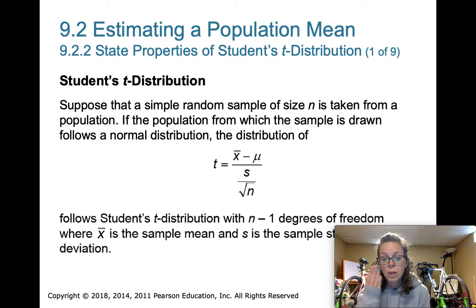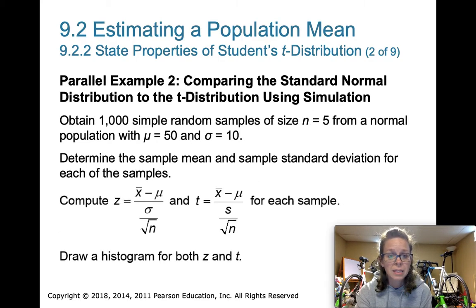Really what it boils down to is that t is a more realistic, more useful measurement, because in almost every situation, you are not going to know sigma, the population standard deviation. We just won't have that information. So what the t allows us to do then is use the s, the standard deviation of our sample, instead. Now the two distributions are going to look a lot the same.